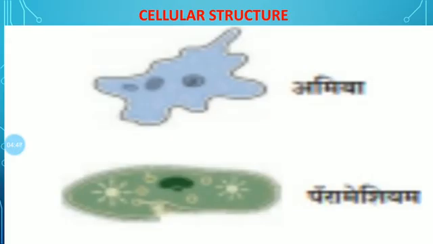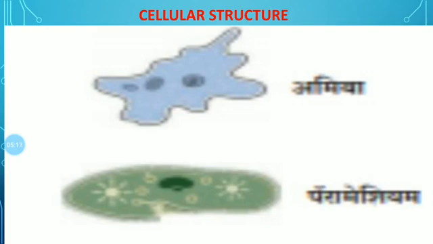See here, there are two unicellular animals. First one is the amoeba and second one is the paramecium. See, these are the unicellular animals. Friends, with the help of this we can understand the concept of unicellular animals.